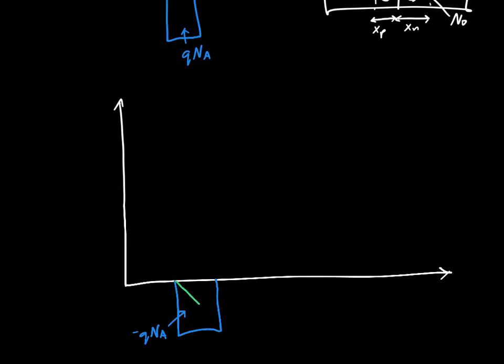It's a downward sloping electric field. And we know that the voltage, since it's the negative integral of the electric field, should be sloping upwards like this. And so we're going to say that our coordinate system for this part of the problem is x, and x is going to go from 0 to xp, because that's our depletion width on the p side.